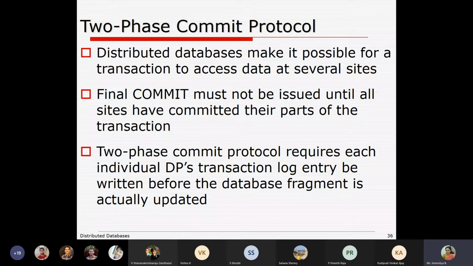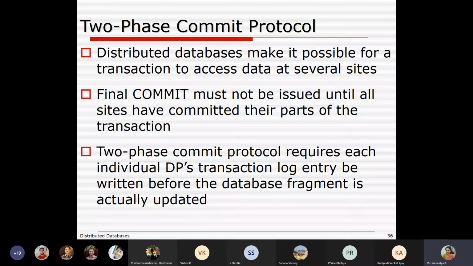This is a mechanism called the write-ahead protocol, in which you write into the log first before the actual transaction happens. So every data processing unit will write its transaction log entry before it completes.